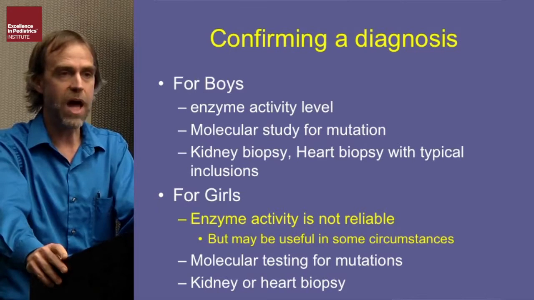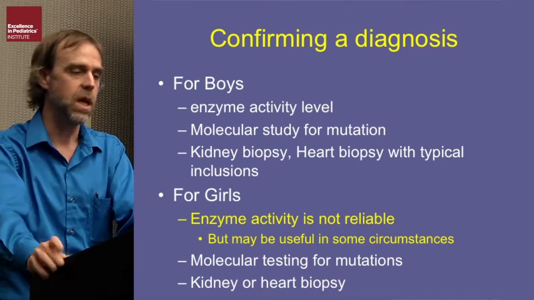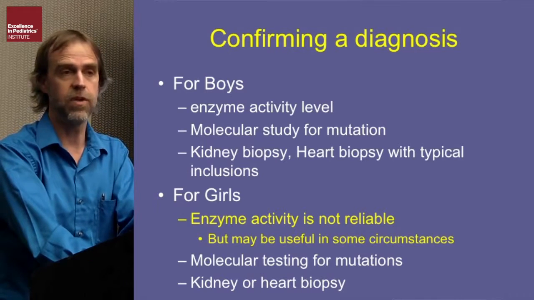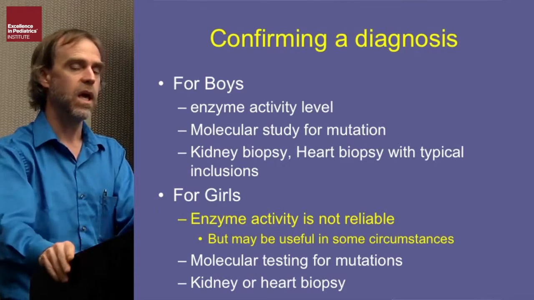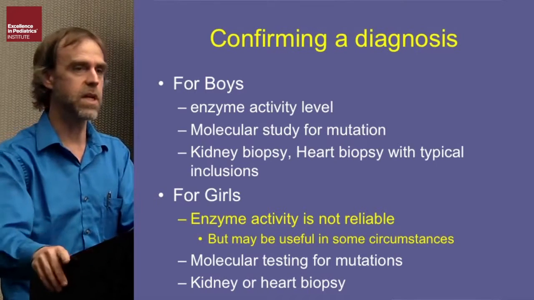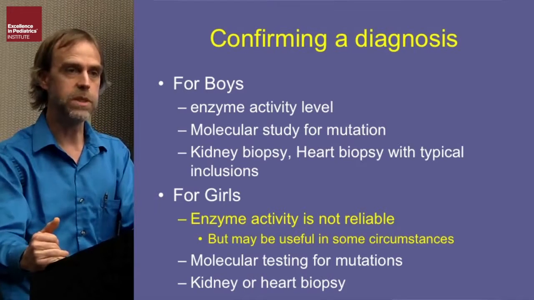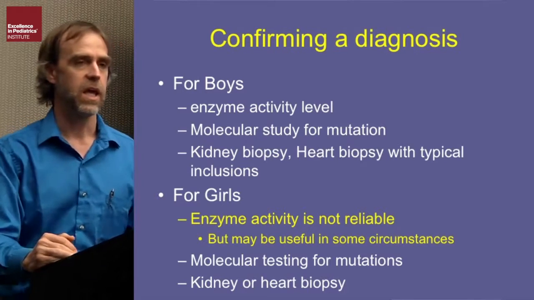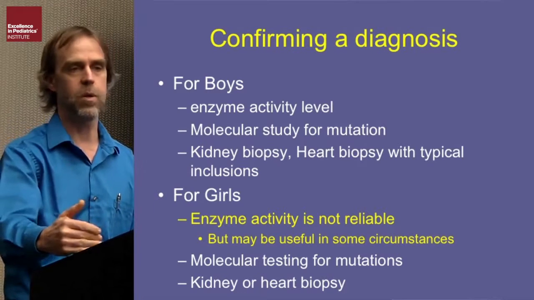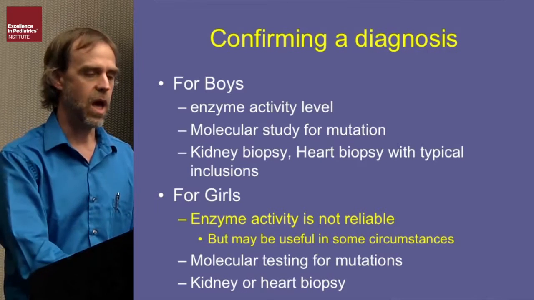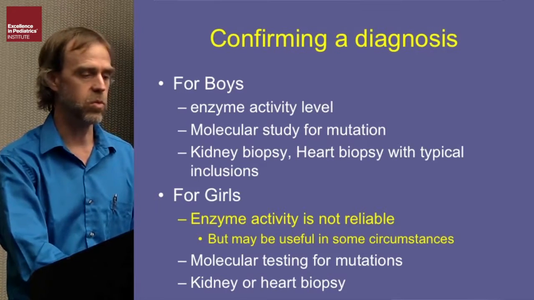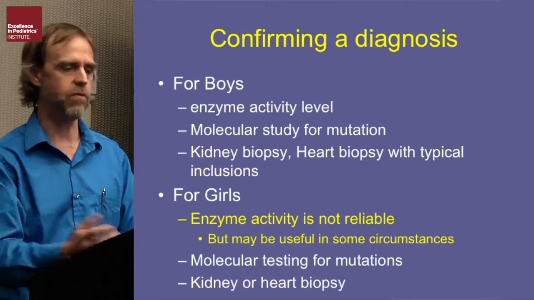If you do not find a mutation and there's a family history of Fabry disease, then you can ask if anybody in the family has had testing. If they have and it was identifiable with standard molecular testing, then that child probably doesn't have Fabry disease. If the family mutation isn't known, or if the child is being evaluated based on symptoms, in a male child, you would then need to do enzyme activity to be sure that the child didn't have Fabry disease.